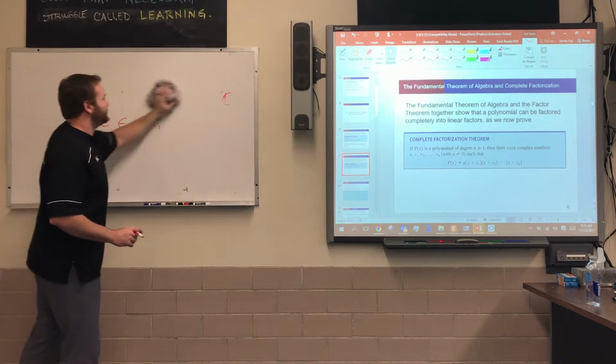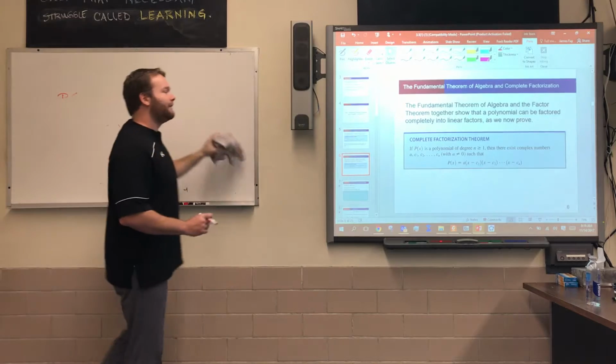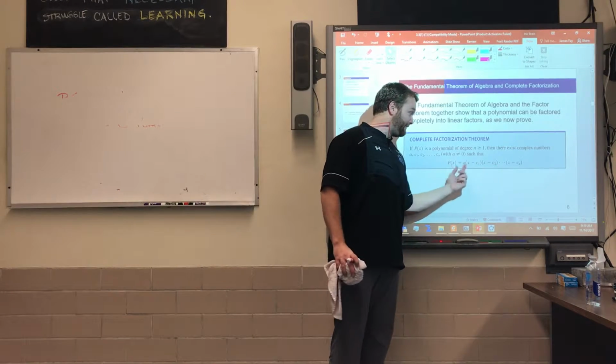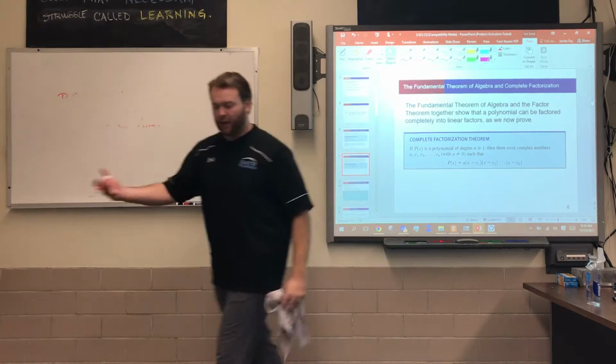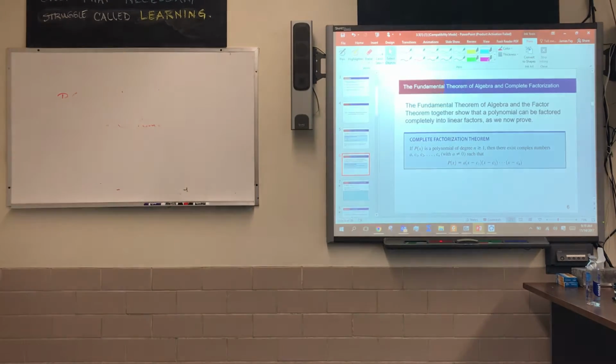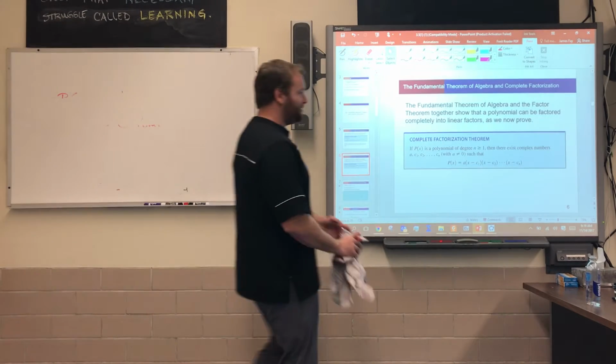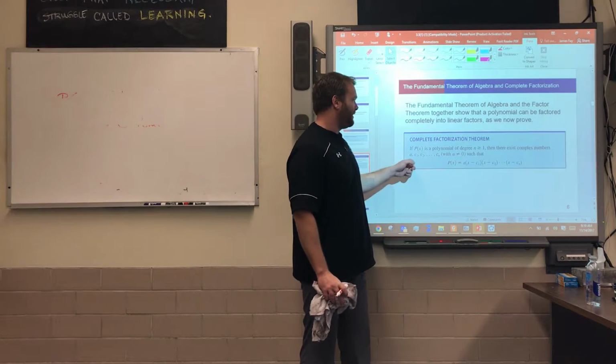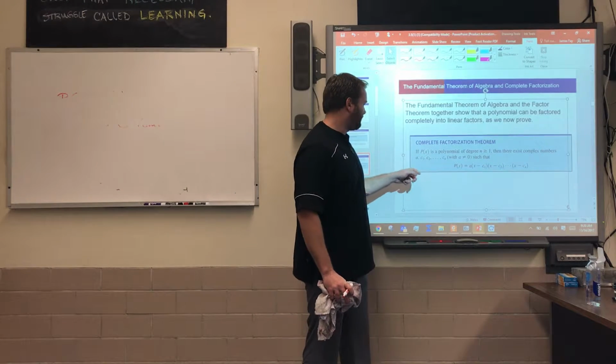n greater than or equal to 1 can be broken down, okay, such that it looks like p of x is equal to some a, some scalar multiplier that just adjusts the y values, how tall they get, how compact they get, times a bunch of linear factors, okay? And, oh, I guess I can't write on here.